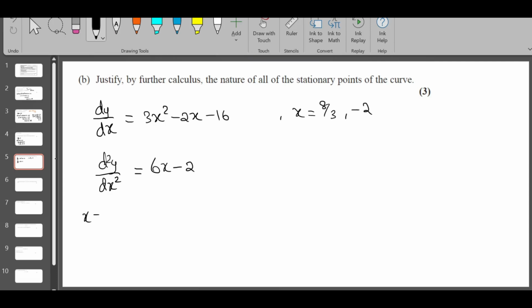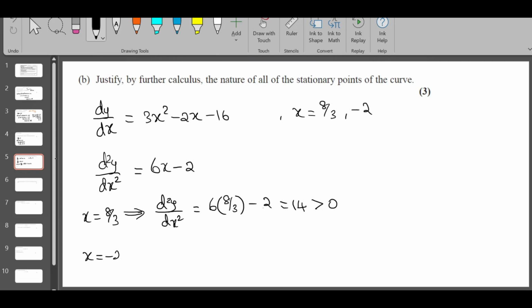So when you sub in x as 8 over 3, d square y by dx square is going to be 6 times 8 over 3 minus 2, which is 2 eights or 16, minus 2 is 14, a positive number.